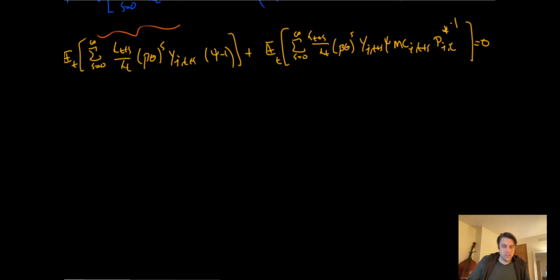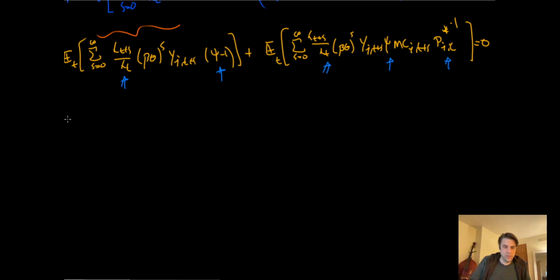So we are allowed to move things that do not have an s outside of the infinite sum. So I'm going to move this minus to the other side, and I'm going to move everything without an s to the outside of the sum and the expectation. So there's this psi minus 1 that has no s. There's this lambda t that has no s. pjt has no s. Psi has no s. Lambda t has no s.